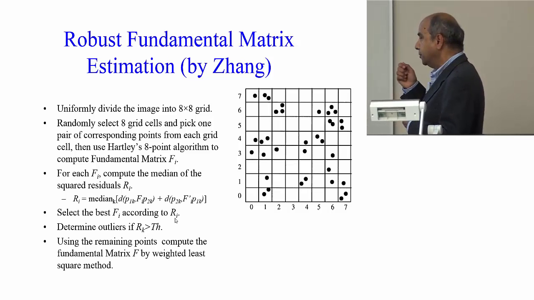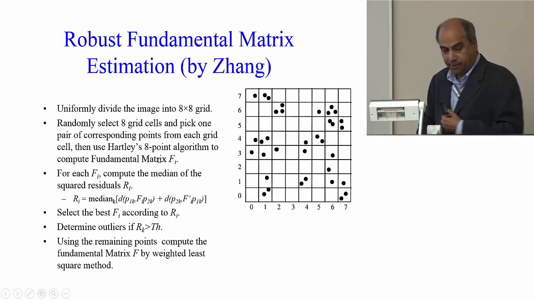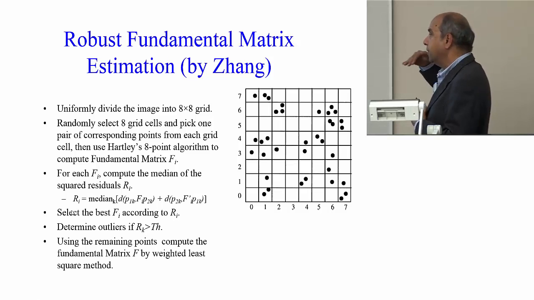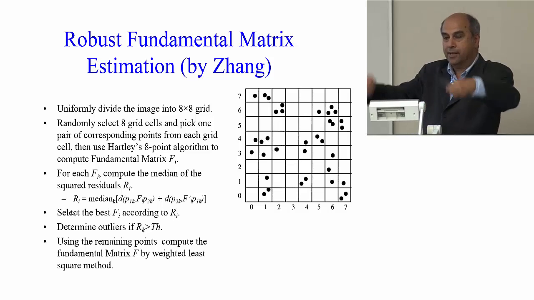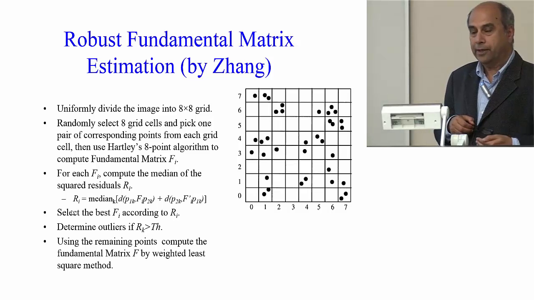For each of the points the error is computed, so you have lots of errors for a particular fundamental matrix. You select the one which has the least error. Using that, you remove the outliers, which have a larger error, and then the remaining points you can use to do another fit to find the final fundamental matrix.